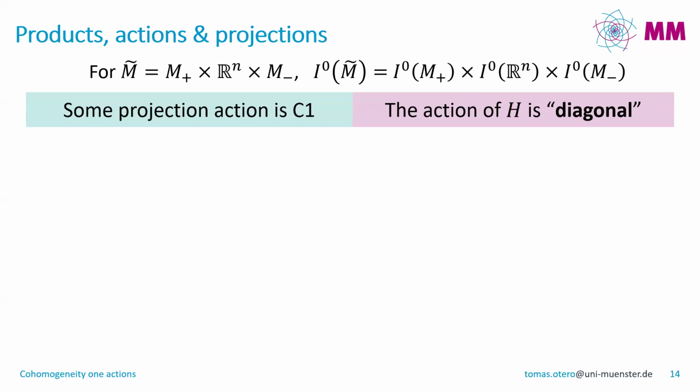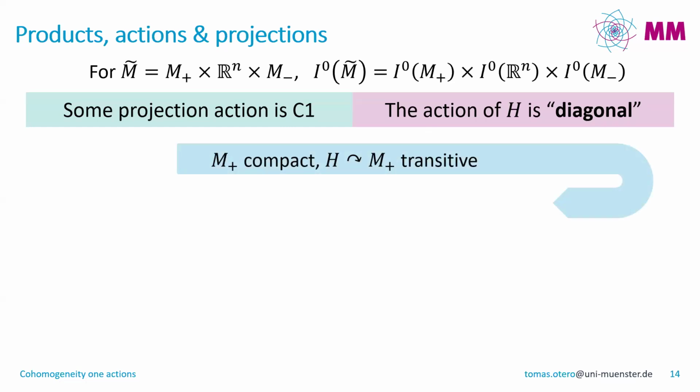So in particular, every connected subgroup of isometries induces actions on the individual factors. So either these actions are all or some transitive and the action is diagonal, or some projection action is of cohomogeneity-one.